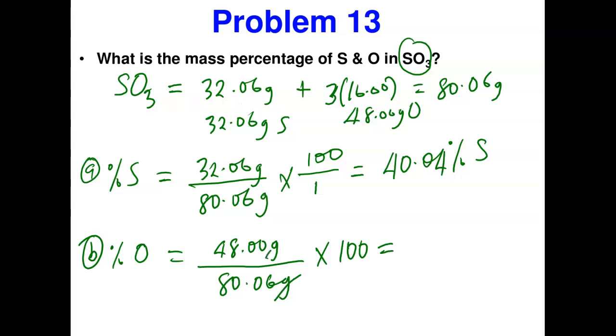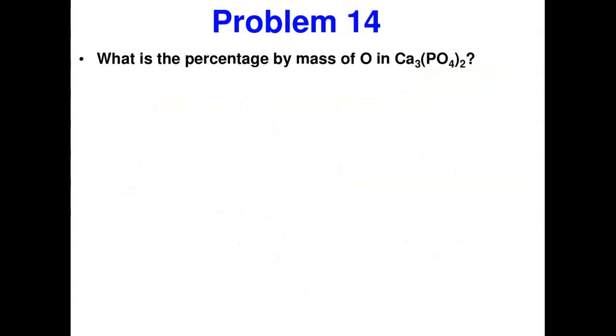Again, we cancel grams. And if you multiply, this is going to give you 59.96% of oxygen. So this is how we do mass percent. Mass percent is just a simple way of calculating the percentage of elements.